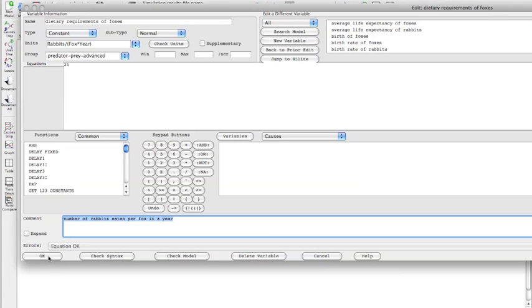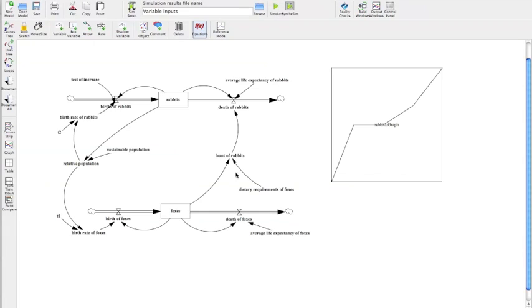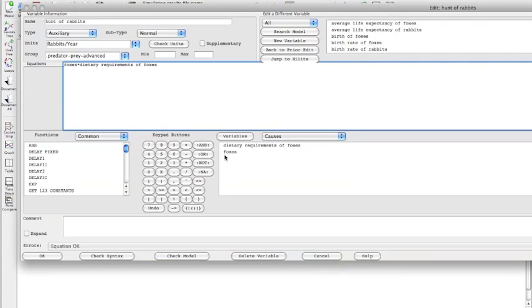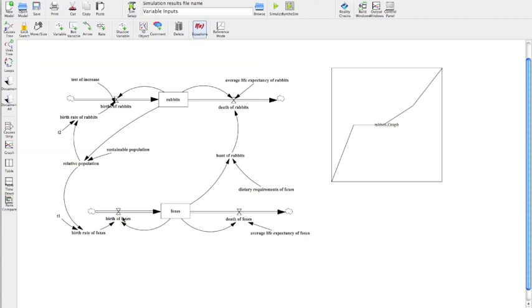That requirement feeds into the hunt for rabbits, which is the number of foxes multiplied by the dietary requirement of the foxes. When you multiply those two, you get units of rabbits per year, and that is going to result in the death of rabbits.